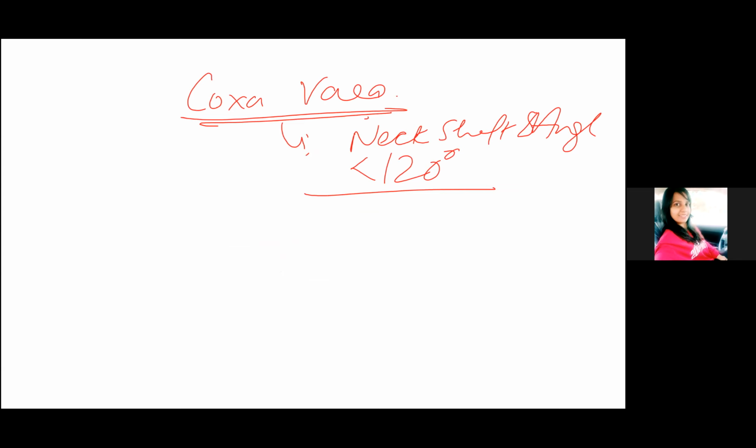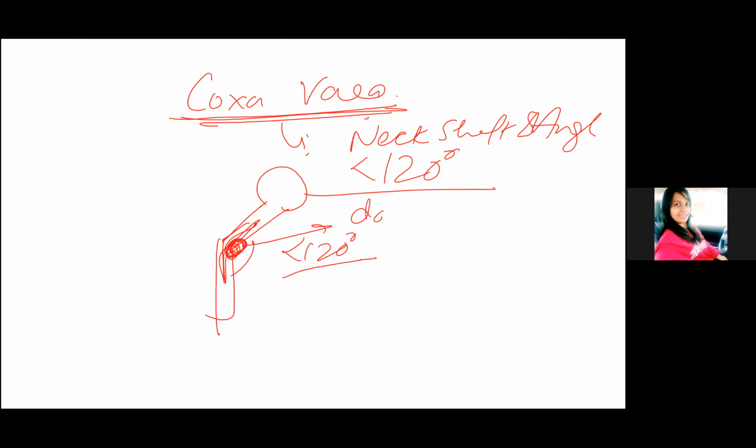So what is this angle? This is neck, this is head, this is shaft. What happens in coxa vara? The inferior portion doesn't grow, and so there becomes the deformity that is called coxa vara.